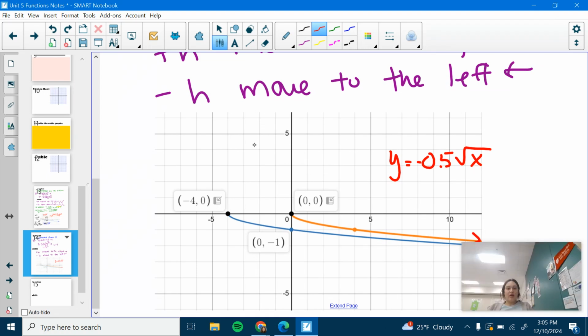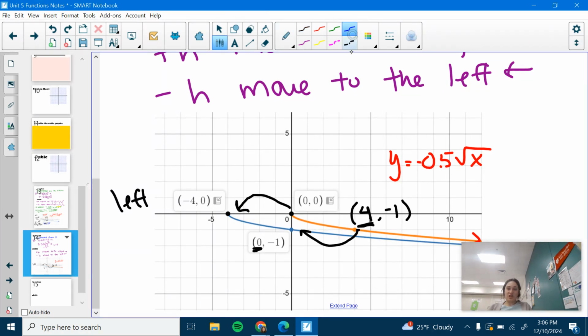Okay, now our blue graph, the only change that happens between our orange graph and our blue graph is that we moved over 4. Okay, if I look at these two, this point here in orange is at 4, negative 1. And then over on the blue graph, it's at 0, negative 1. So the only thing that happened was our x value moved over by 4 to the left.